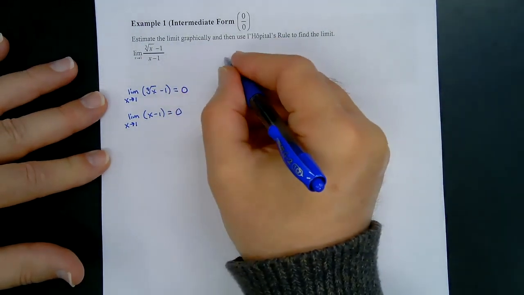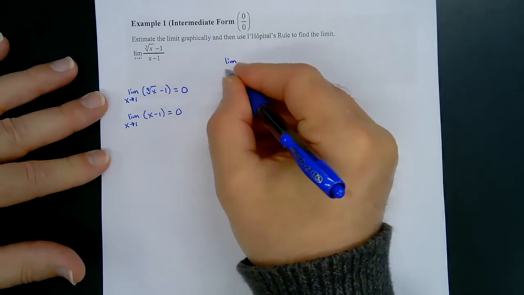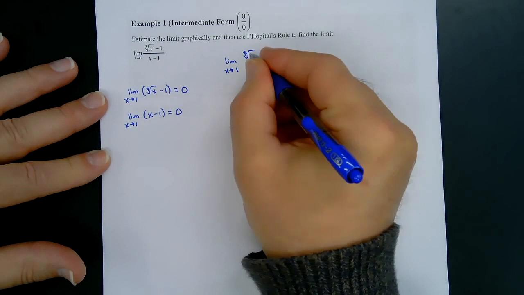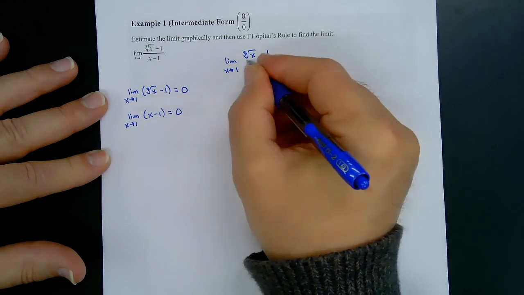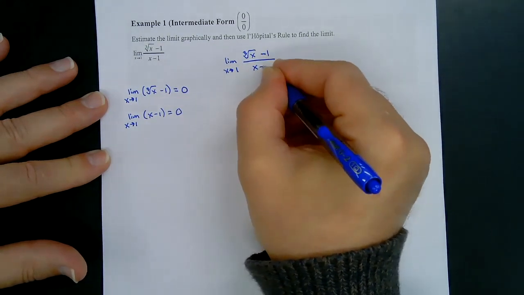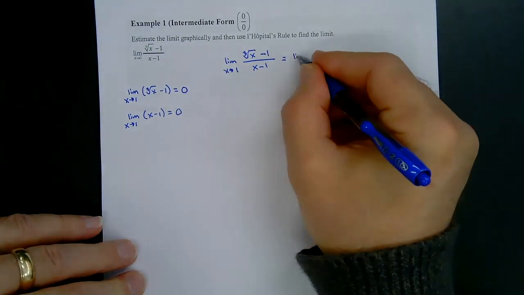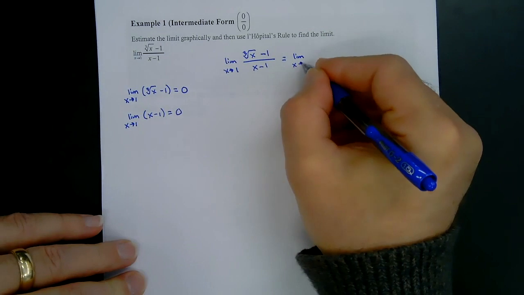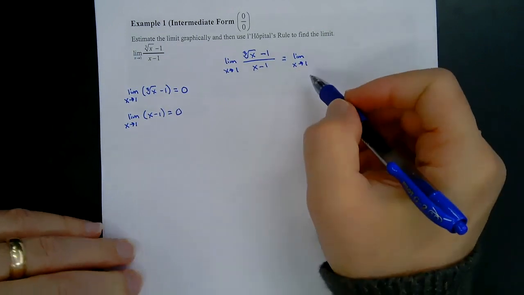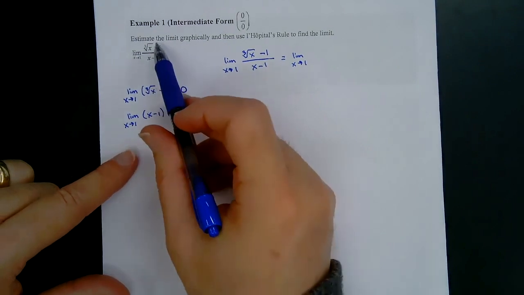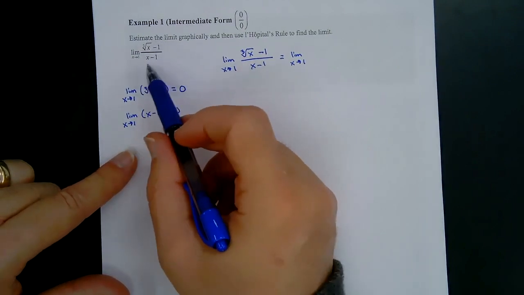So we have the limit as x approaches 1 of the cube root of x minus 1 over x minus 1. So this is equivalent to the limit as x approaches 1 of, and what we're basically going to do is take the derivative of the top over the derivative of the bottom.